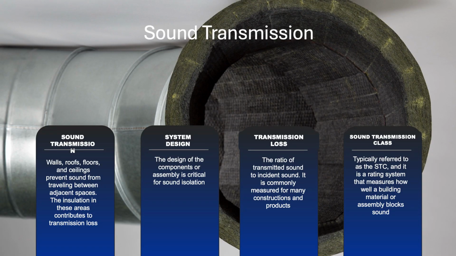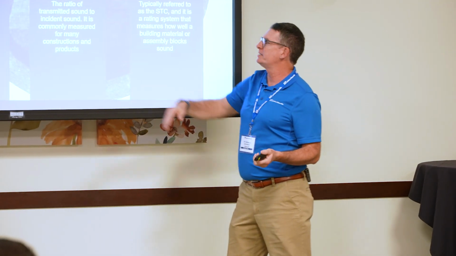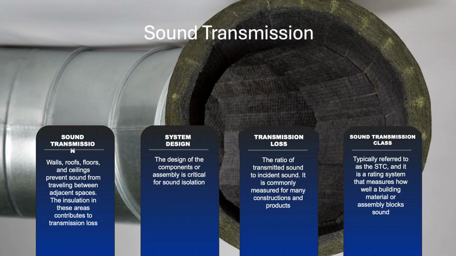In sound transmission, what's important is reducing sound as it goes from one space to another, going through walls, floors, roofs, and really the whole system drives how things perform. Transmission loss is how we characterize how well we knock noise down as it goes from one space to another.